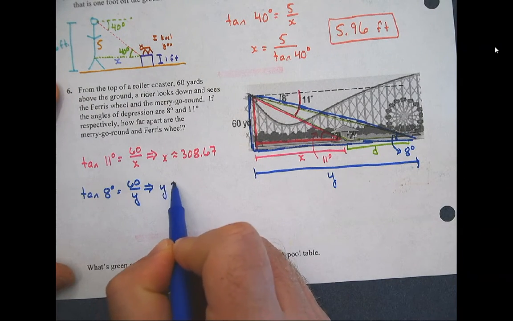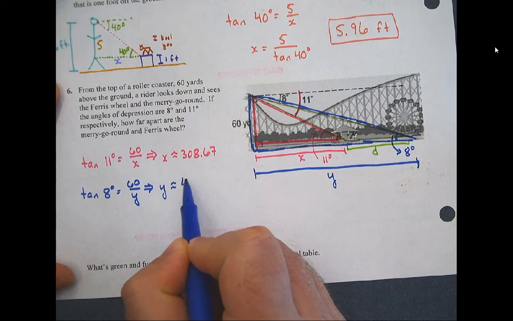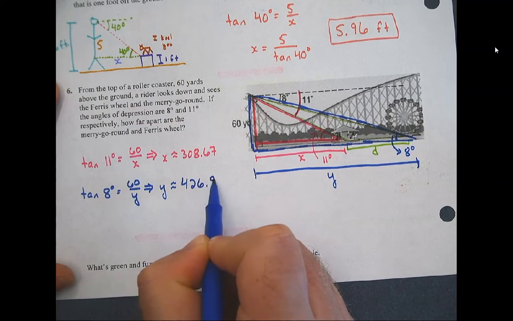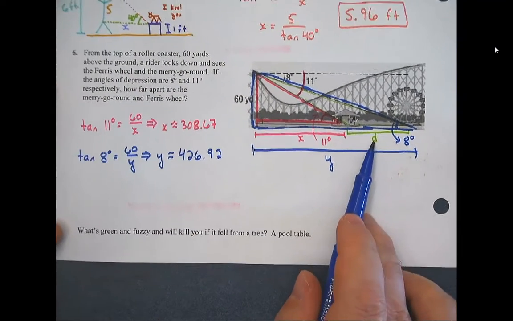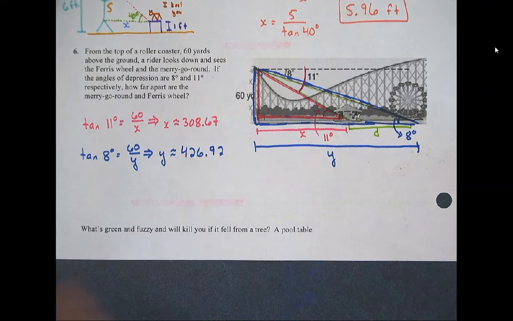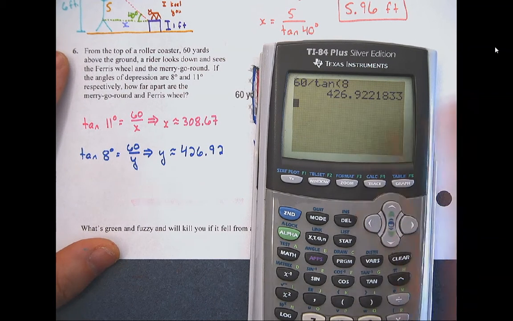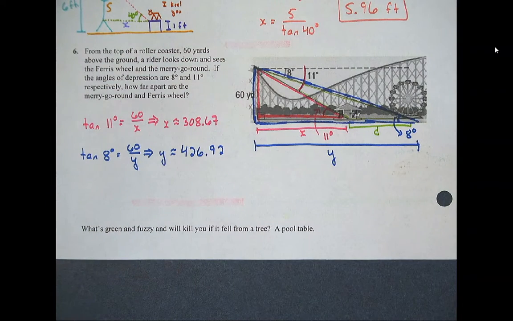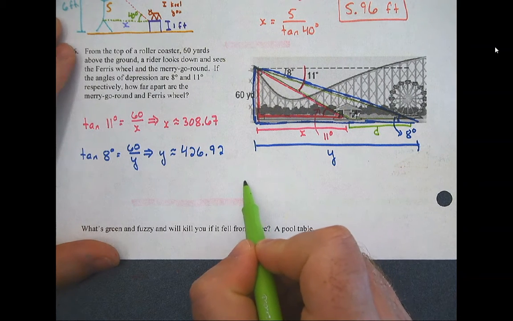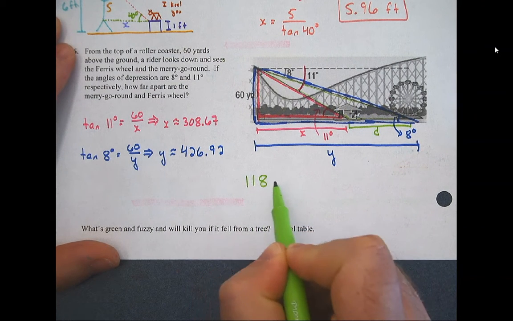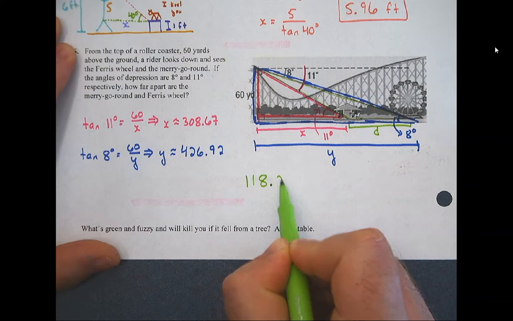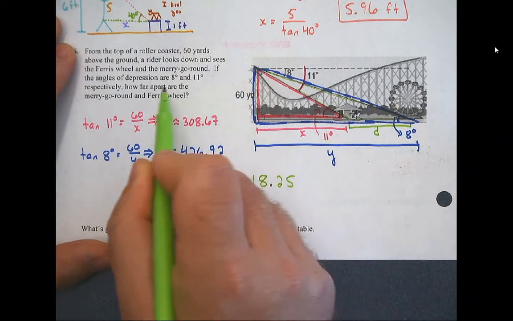So y is approximately 426.92. And now I can take those two values and use them together to figure out what the distance between the merry-go-round and the Ferris wheel is. So that would be 426.92 minus 308.67, and we get 118.25. So the actual distance between the merry-go-round and the Ferris wheel is 118.25. Did we have some units? Yards.